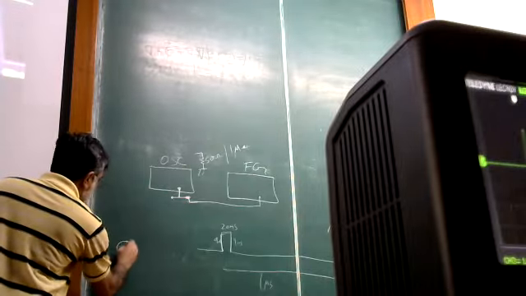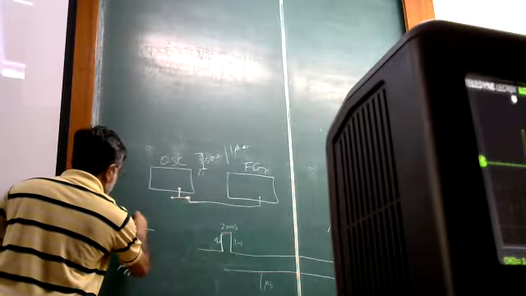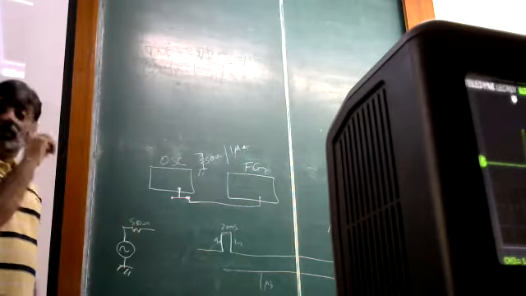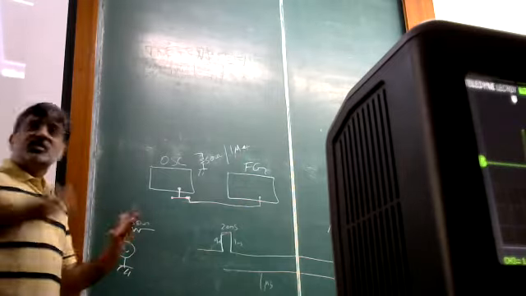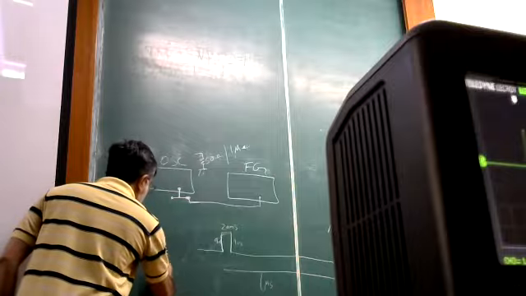The point is that the source has a 50 ohm source impedance. Okay, this is 50. And in a conventional microwave setup, you always have a 50 ohm load.